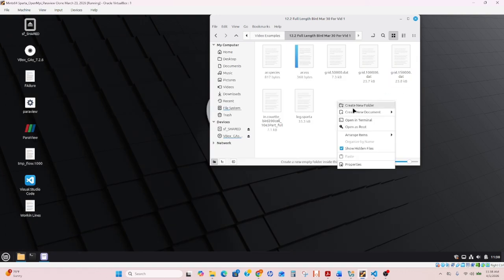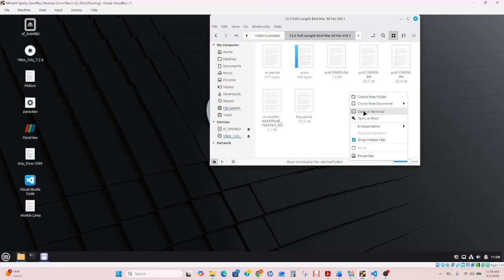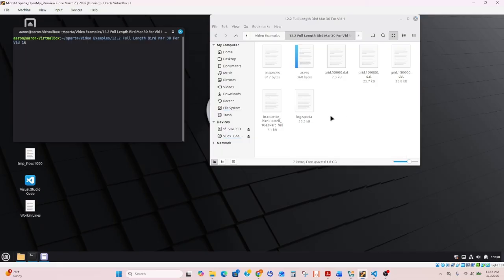What we want to do is go ahead, and I just choose to open the terminal from here. And so this just puts me in this directory. And then basically here's how you run Sparta, and there's videos out there that walk you through one of the Sparta examples that'll help you understand all this. But we're basically telling it we want Sparta to do an MPI run.